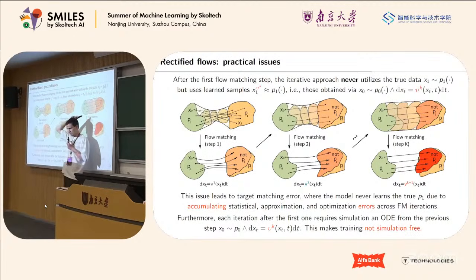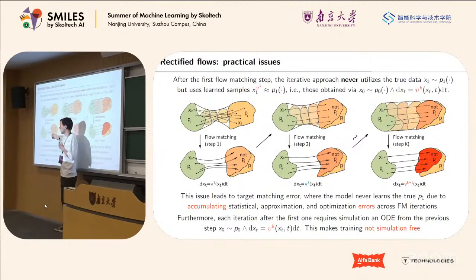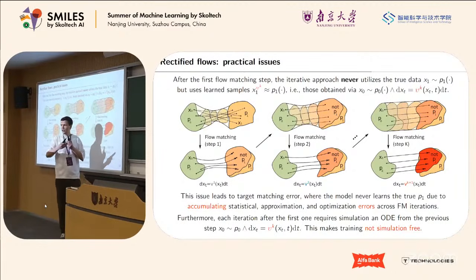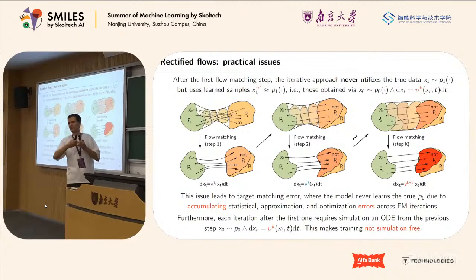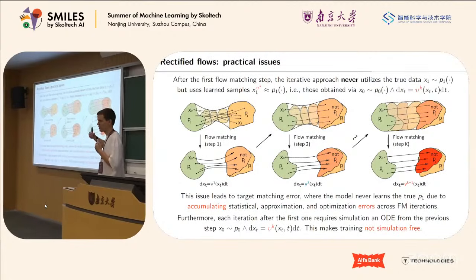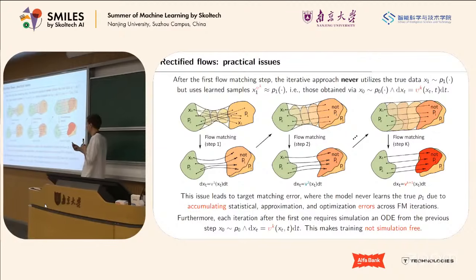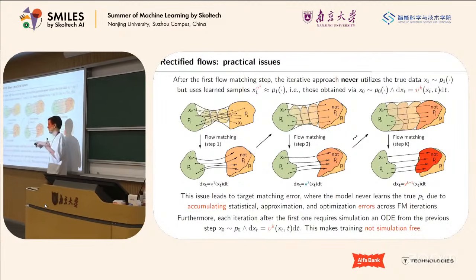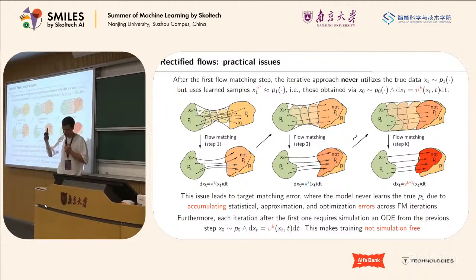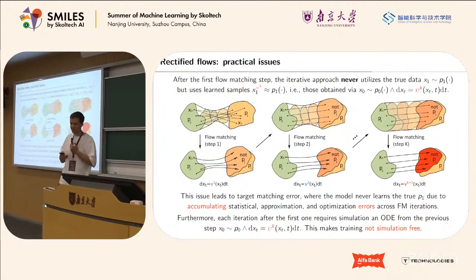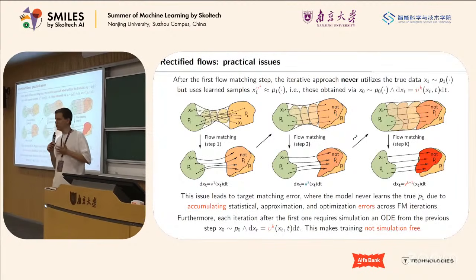But on the second step of flow matching, and on the next steps, the problem of simulation appears. Basically, to obtain for an input point x0 some point in the target distribution, you need to integrate your trajectory, which is very complex, because you need, for example, 100 steps of modeling your movement along the vector field. So each iteration from the second to the last of this procedure is not simulation free.